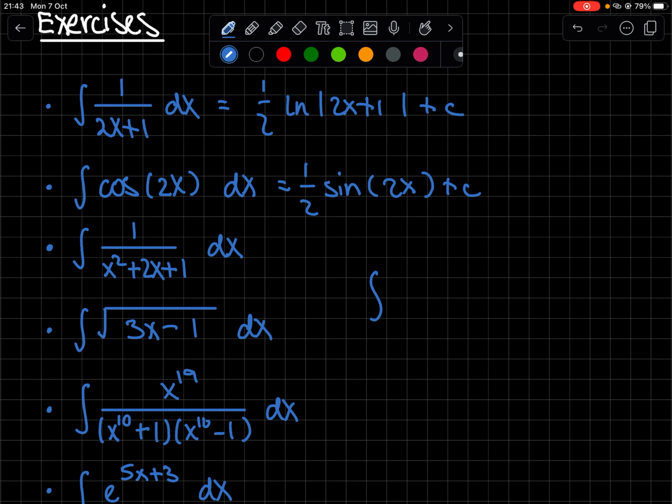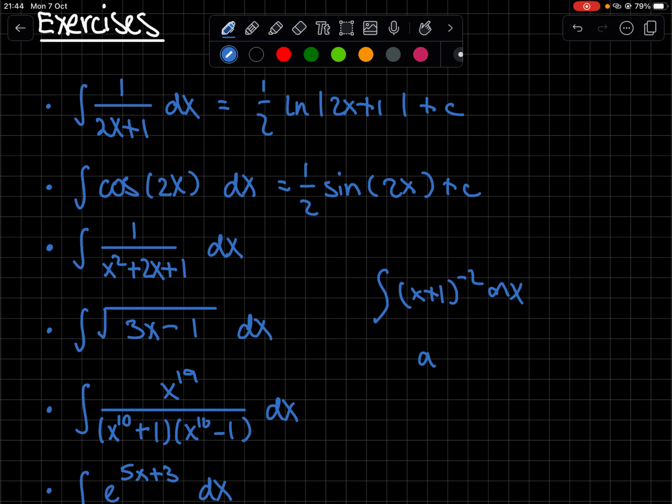We can rewrite it directly as x plus 1 to the power of -2 dx.